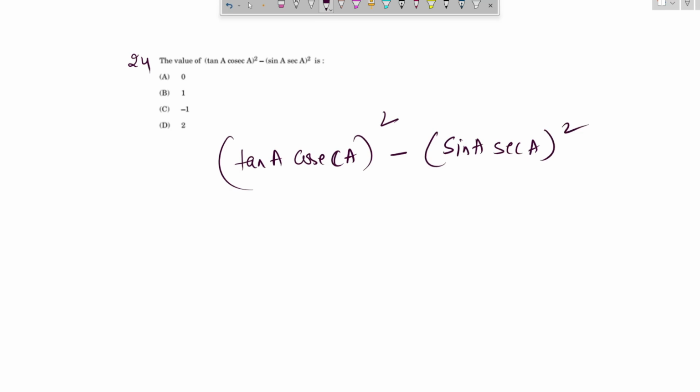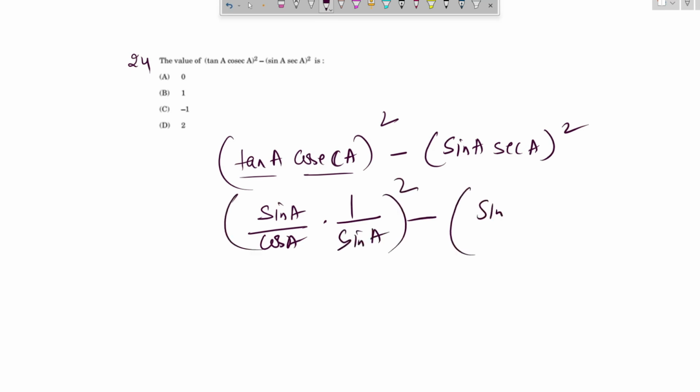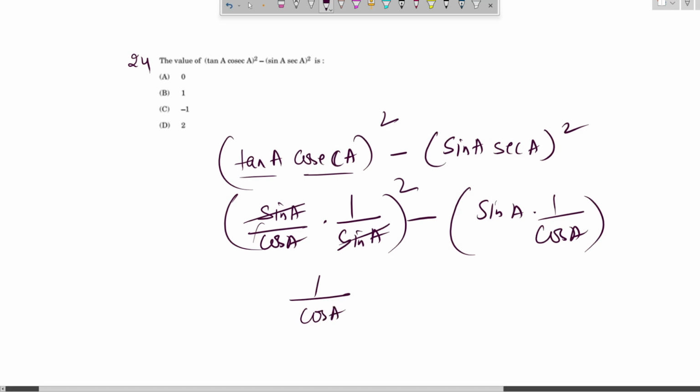Now here we will simplify them further as tan A is equal to sin A by cos A, and cosecant A is nothing but 1 by sin A, whole square, minus sin A into secant A, which is nothing but 1 by cos A. Just writing in sin and cos and see what all you can solve. So you got 1 by cos A whole square minus sin A by cos A.